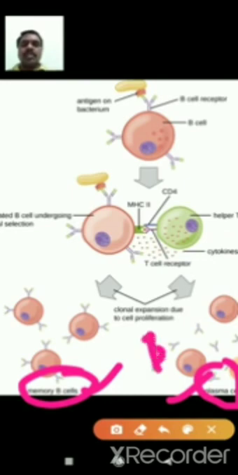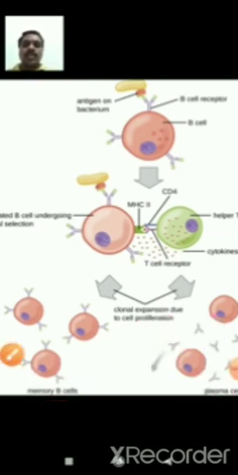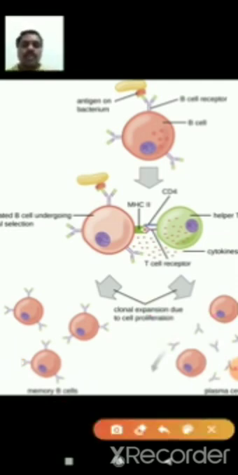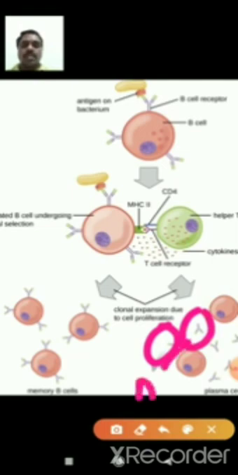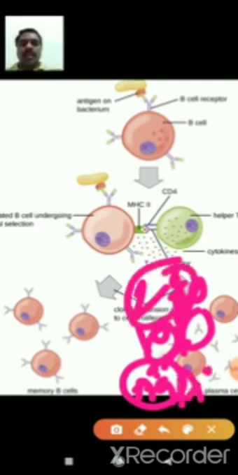Because plasma cells fight antigens by releasing antibodies. Within a short time the plasma cells release a large number of antibodies, and these antibodies bind with antigens and destroy them within 10 or 20 minutes, or within 6 to 9 hours, that is, within 24 hours they destroy all the antigens.